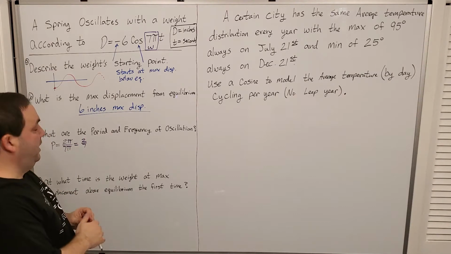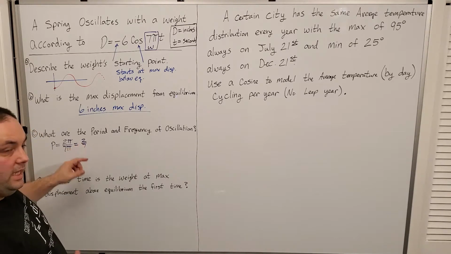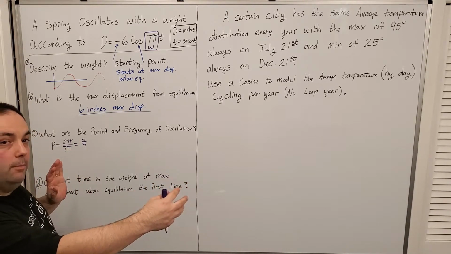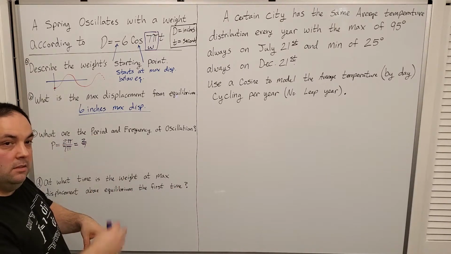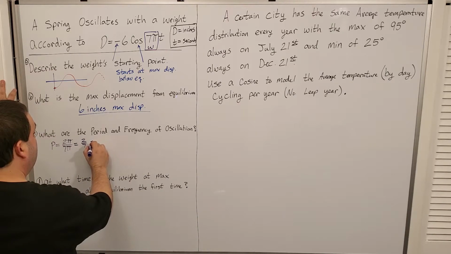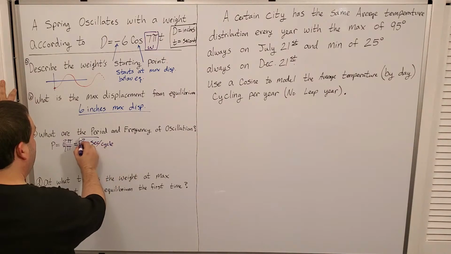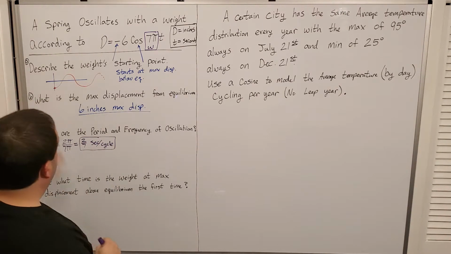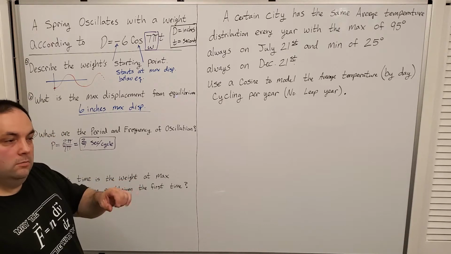Now remember, period, okay? Period is measured in a period of time. So this is 2/7 of a second per cycle. So 2/7 seconds per cycle is my period. So after 2/7 of a second, it's already gone through one cycle, right?